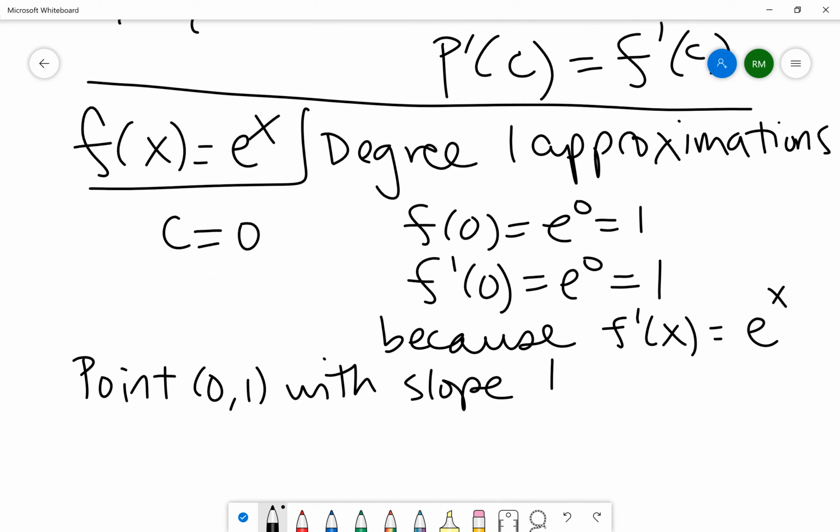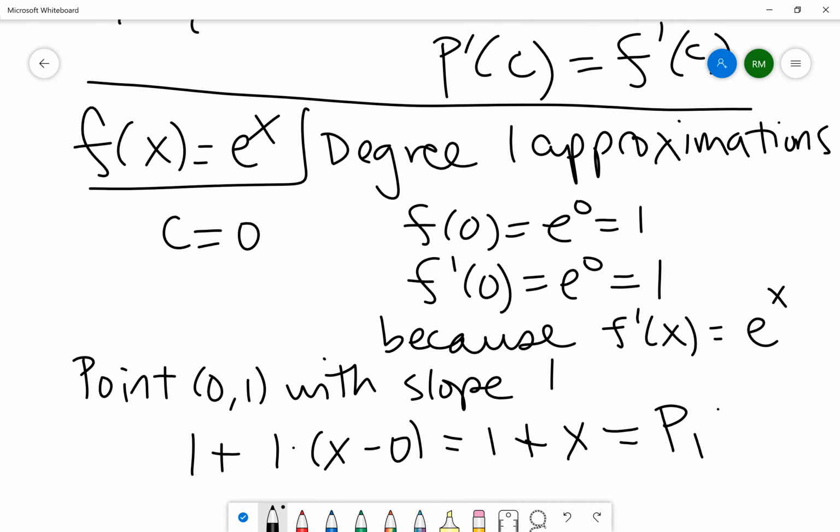And the line we get is 1 plus 1 times x minus 0, or in other words, 1 plus x. So we're going to call this P1 of x.